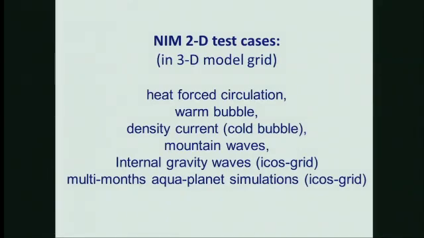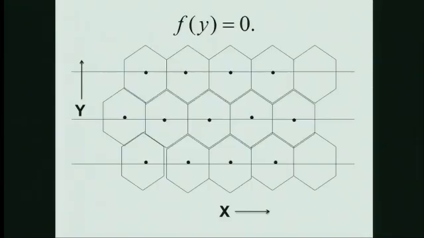Next, I will show you the test cases. Here, I will show you the 2D test cases in the 3D model grid: one bubble, cold bubble, mountain wave, internal gravity wave on the icosahedral grid, and then aquaplanet simulation on the 3D icosahedral grid. Let me explain first about this 2D grid.